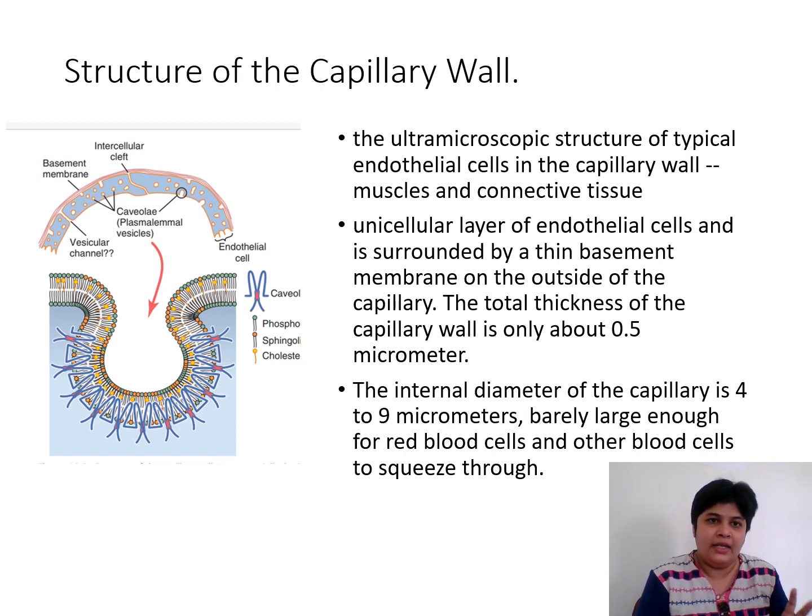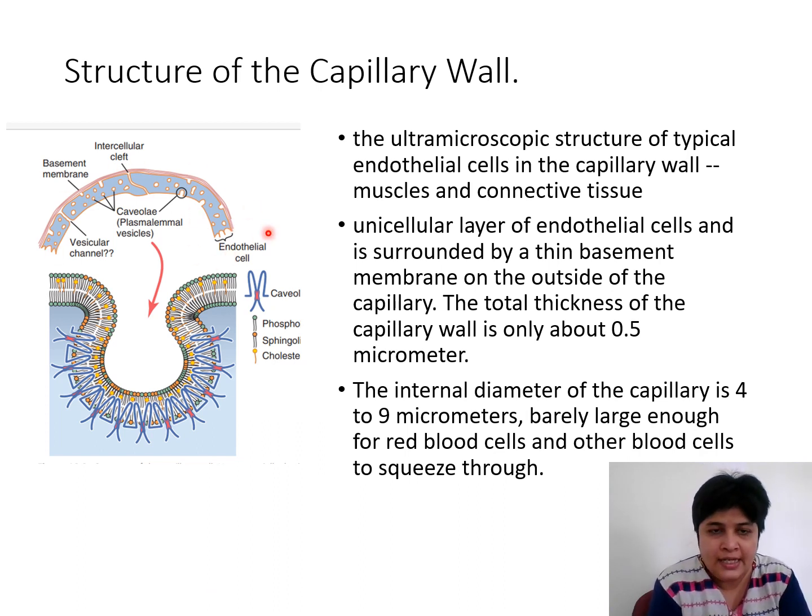This kind of capillary is seen almost in all body parts, but this is a typical example of a muscle and connective tissue capillary wall. Ready? This unicellular layer of endothelial cells is surrounded by a thin basement membrane outside the capillary.